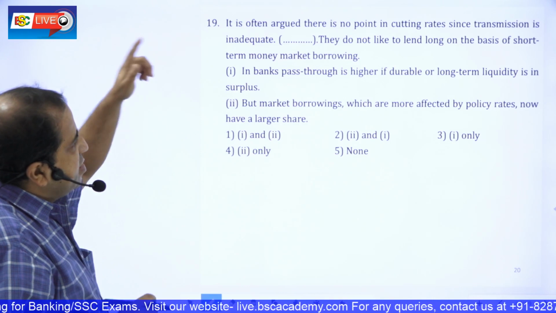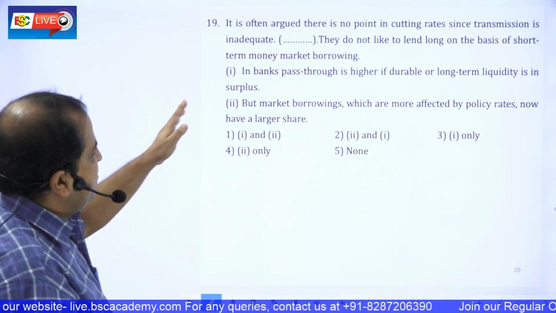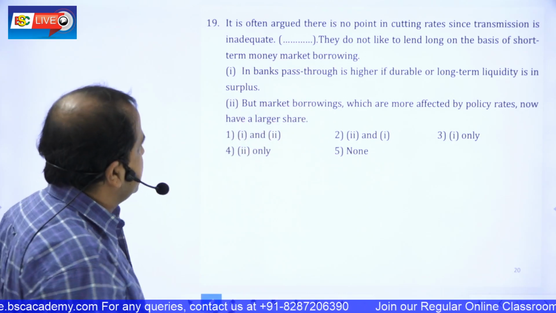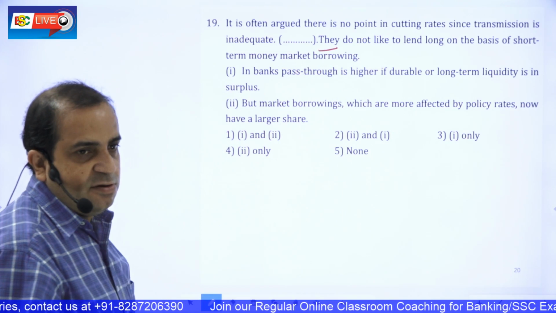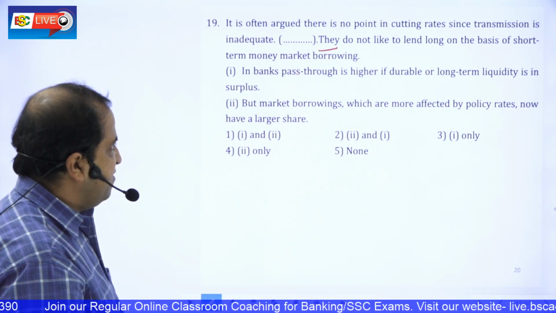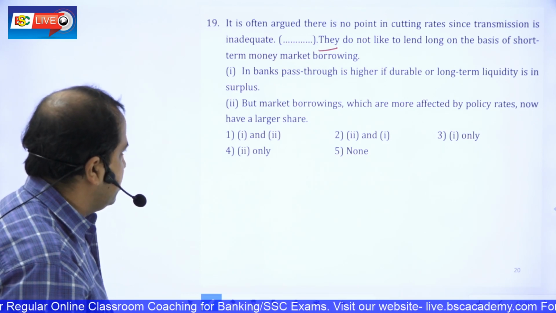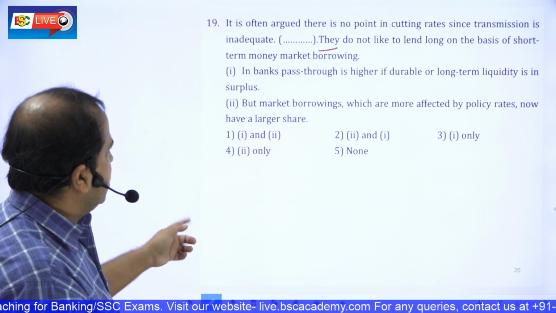It is often argued there is no point in cutting rates since transmission is inadequate. And finally, they do not like to lend long on the basis of short-term money in market borrowing. So there is a word 'they' which must be referring to someone. In banks, pass-through is higher if durable or long-term liquidity is in surplus. But market borrowings, which are more affected by policy rates, now have a larger share.